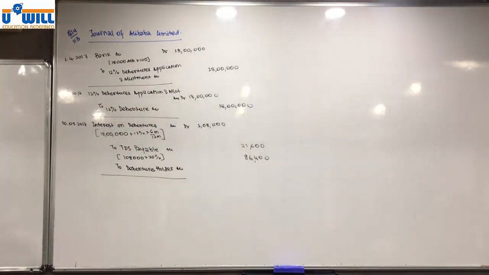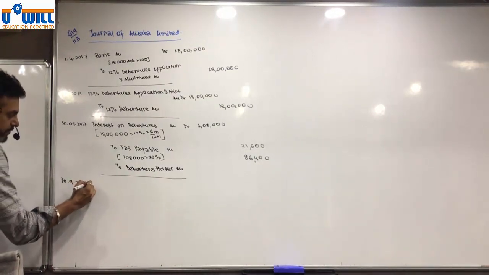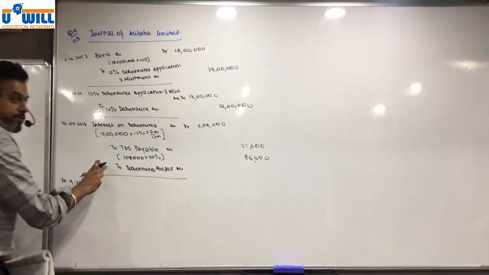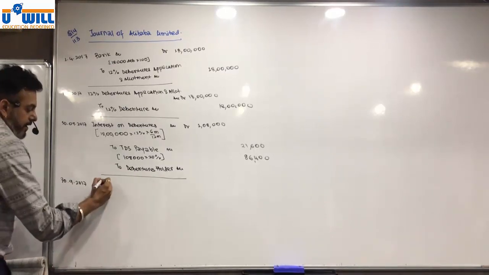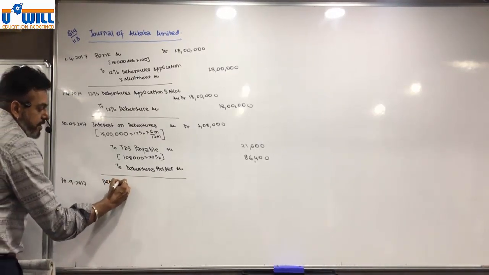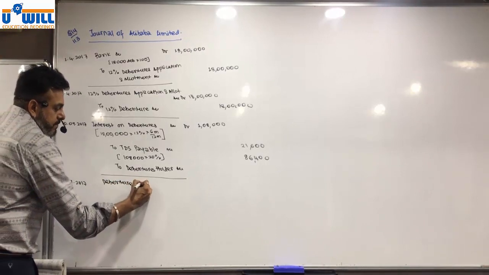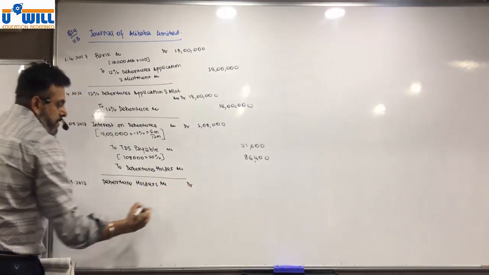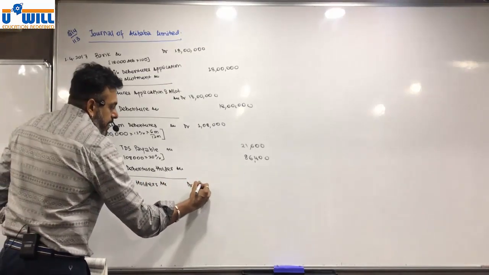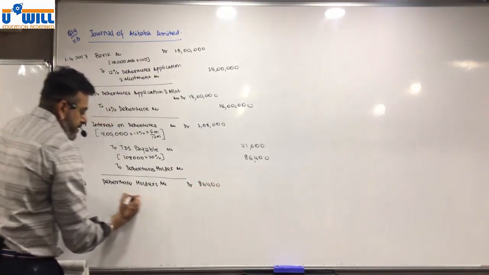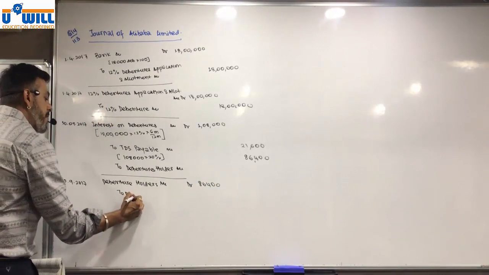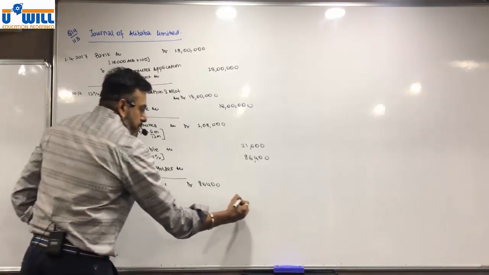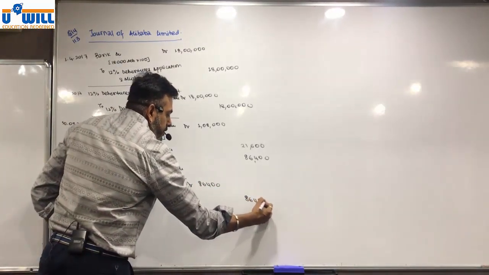Understood this entry? Now, 30th September 2017, we have to pay this money to debenture holder. So the entry is debenture holders account debit $86,400 to bank account 86,400.